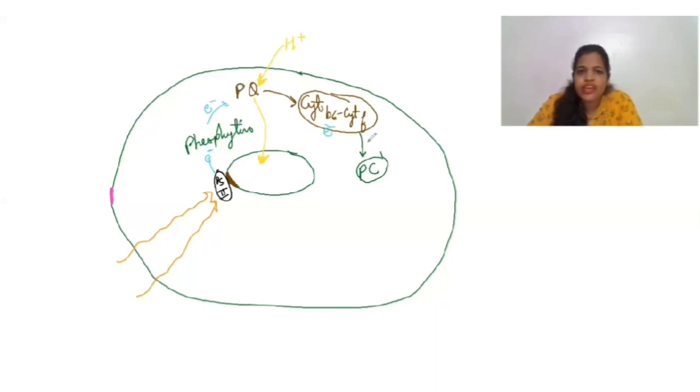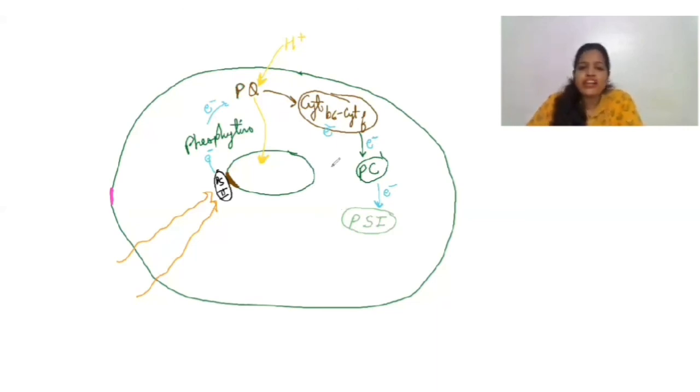And now tell me, plastocyanin gives electrons to whom? I told you in the cyclic photophosphorylation. Yes, they will give the electrons to photosystem 1, which has the reaction center chlorophyll A 700 nanometer wavelength. Clear?